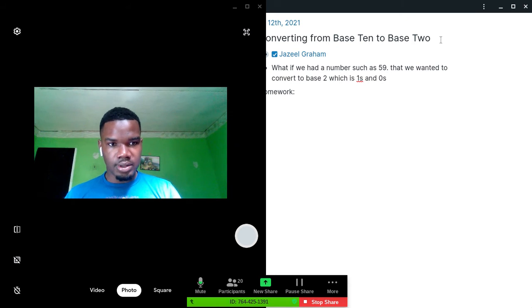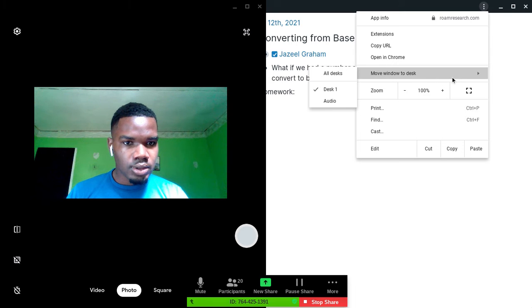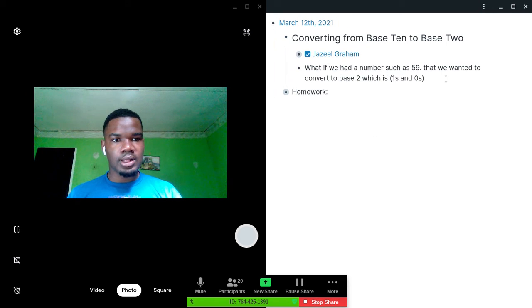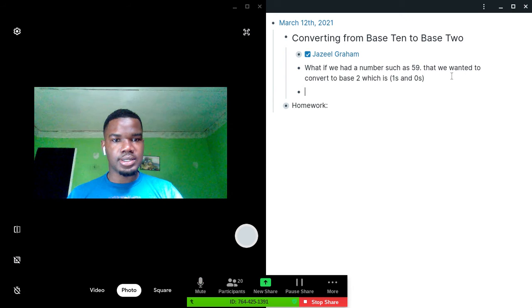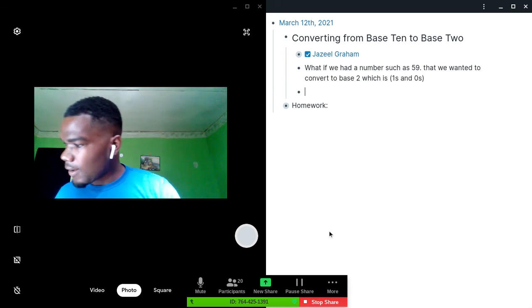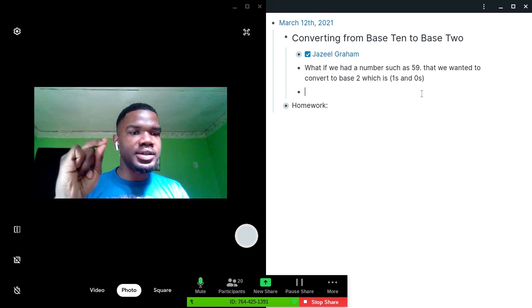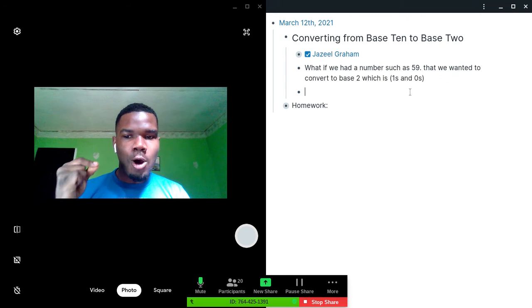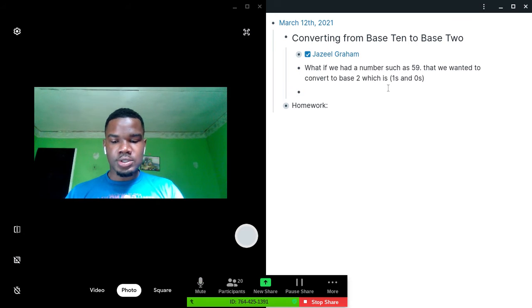Put that in bracket for me, which is 1s and 0s. Alright? Okay. I'm going to give you a pretty great diagram to look at in a few seconds. But the first thing, what does it mean to convert 59 to base 2? It really means how many twos can I get in 59. So write that for me.